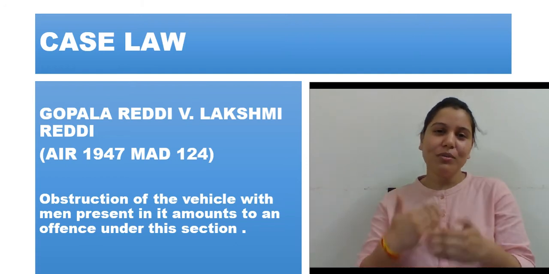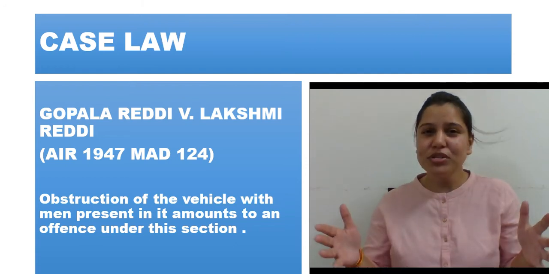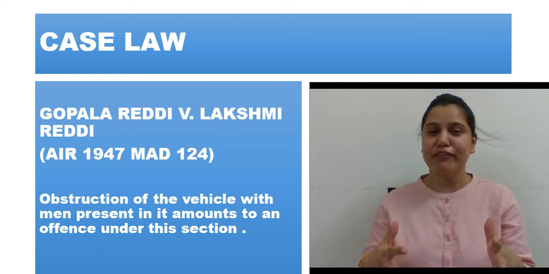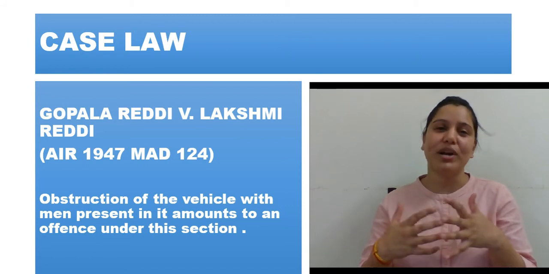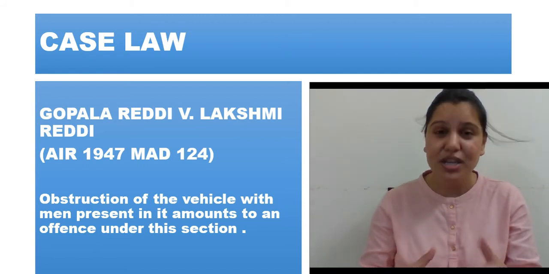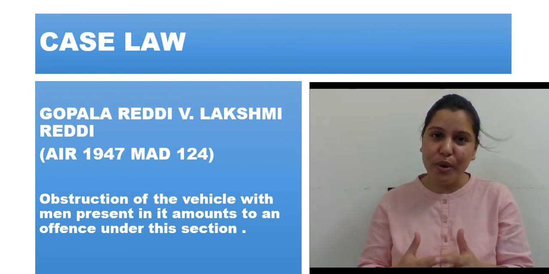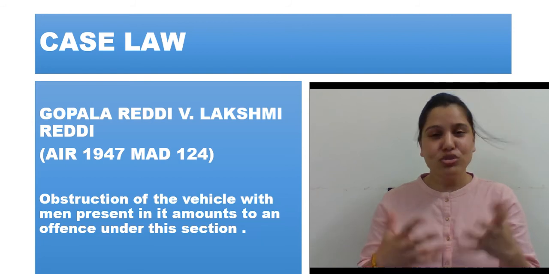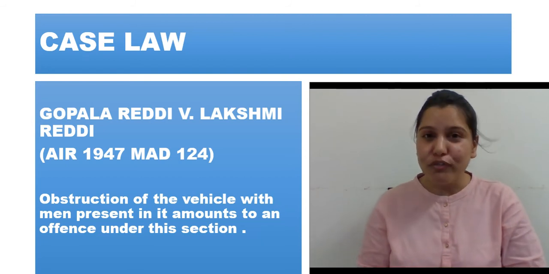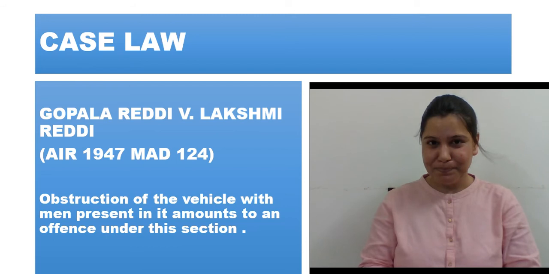So, a broader version: a vehicle with men, if being stopped from going in one direction, which happened under this case, there were a number of people in the vehicle and they were stopped from going in one direction. So, it amounted to wrongful restraint, right?